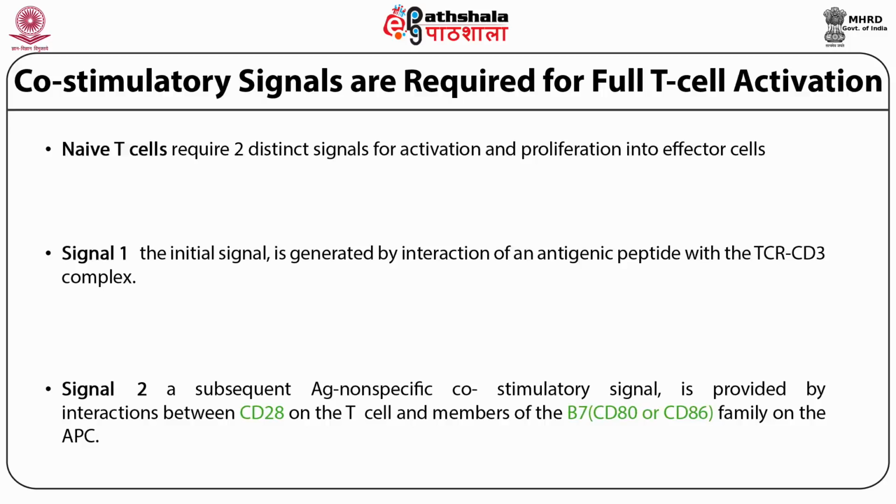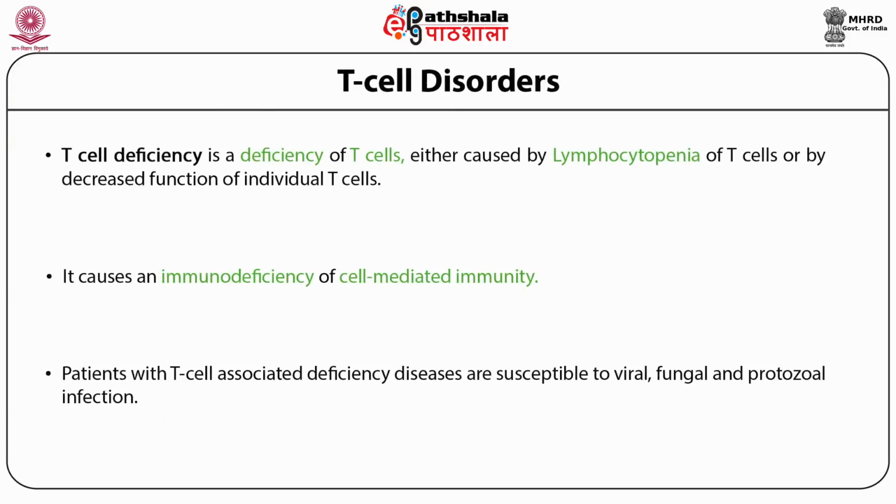What are these co-stimulatory signals? On the T cell, you can see a large number of co-stimulatory molecules, which are called CD28 and CD152. At the same time, the APC also contains CD80 and CD86, and this association between the APC co-stimulatory molecules and T cell co-stimulatory molecules is very important for the full proliferation of the T cell, etc.